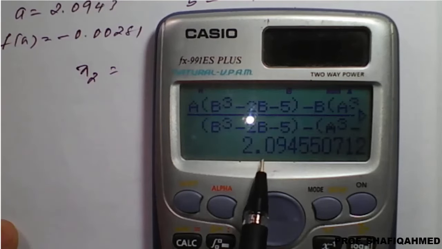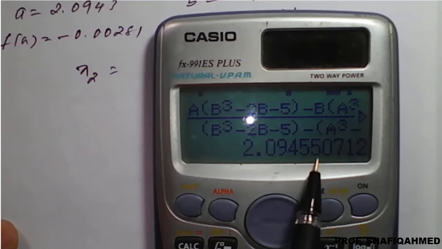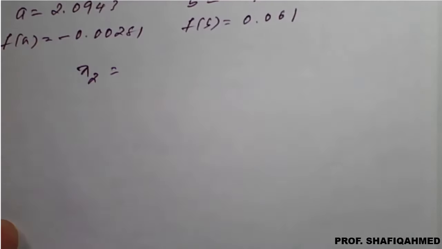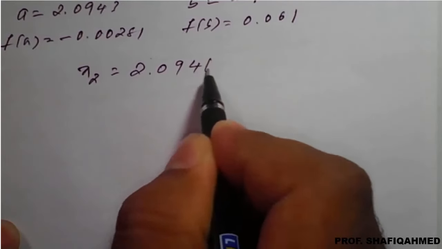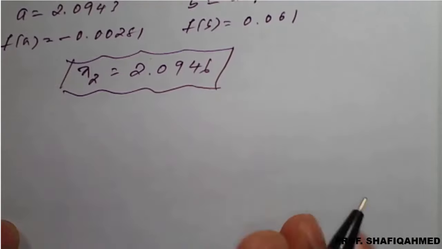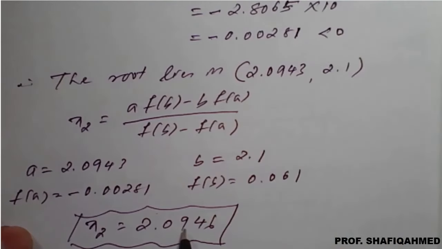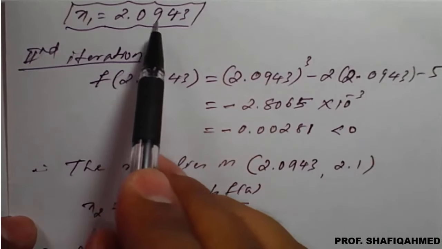So you will find the answer 2.0945, because the fifth place is 5, so add here, so 2.0946. So the previous answer is 2.094, and this answer is 2.0946.